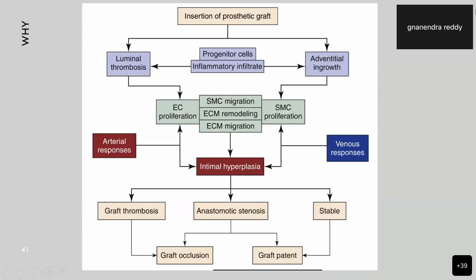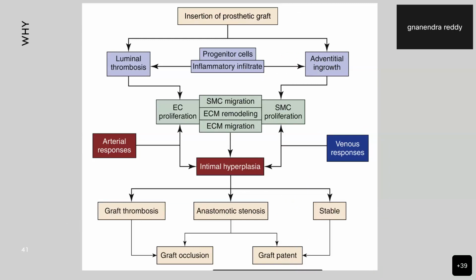So in the patients with the prosthetic graft insertion, the luminal surface has thrombosis, which leads to the inflammatory infiltrate and the adventitial ingrowth. This finally leads to endothelial cell proliferation, smooth muscle cell proliferation, and extracellular matrix deposition and migration with intimal hyperplasia.